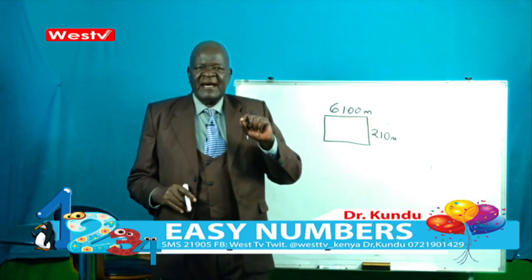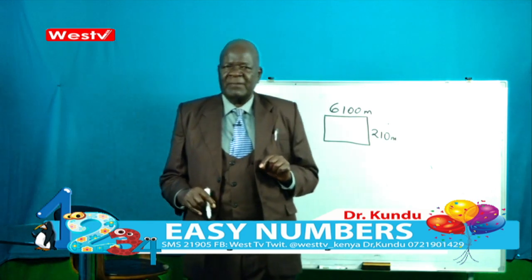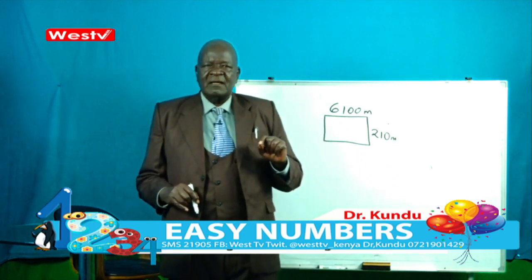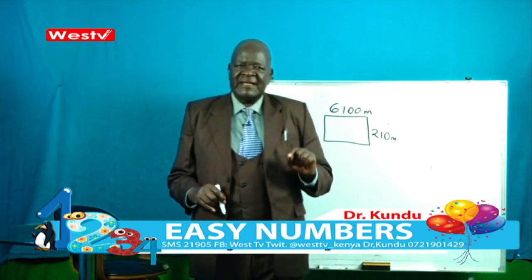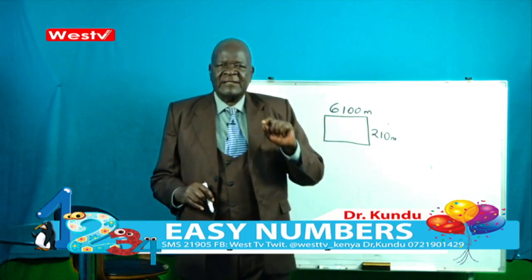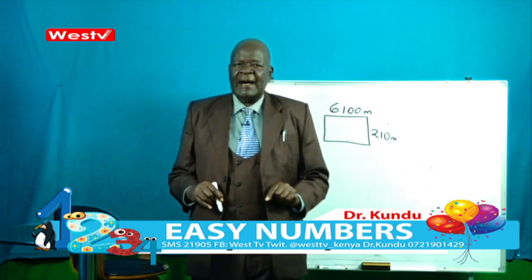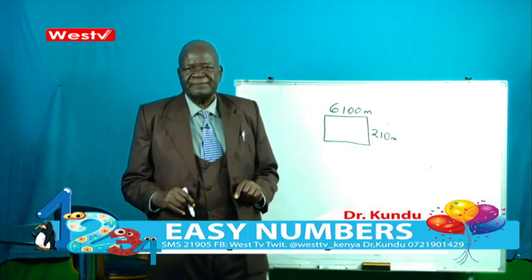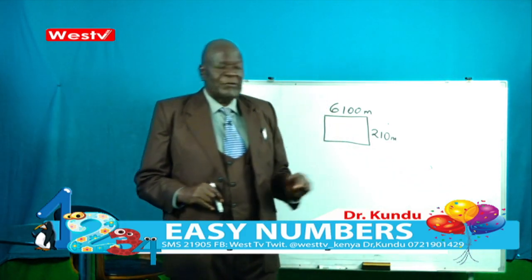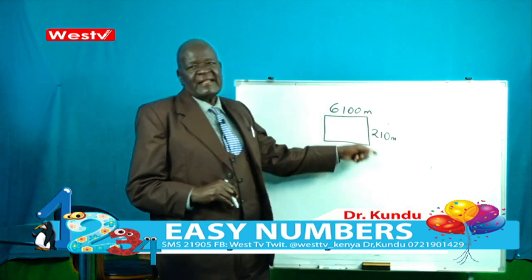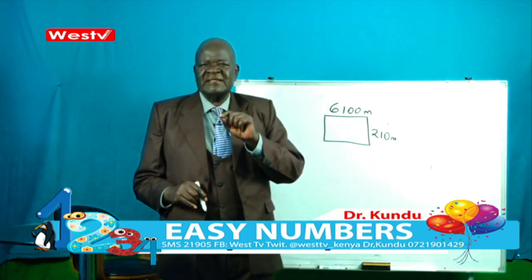In my teachings, I tell you that there are 3 categories of numbers. Category 1 are plain numbers. Category 2 are numbers ending in zeros. And category 3 are numbers with decimals. So this one here is a number in category 2, a number that ends in zeros.